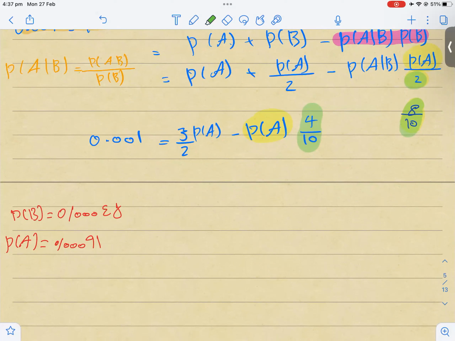Can you please tell me what's the probability of A?